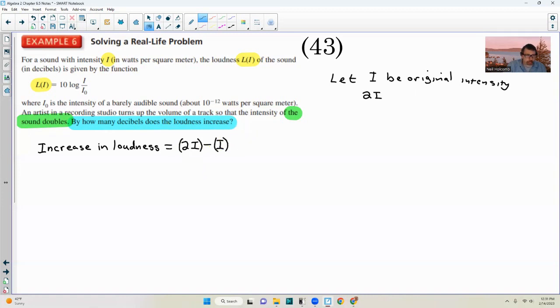Actually, it's the loudness function, L of I. So we're going to take L of 2I minus L of I. We subtract the loudness of the initial from the loudness of double that initial. Okay. So how do we do that?